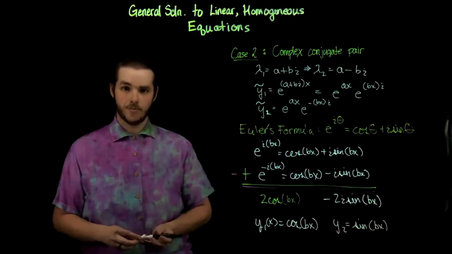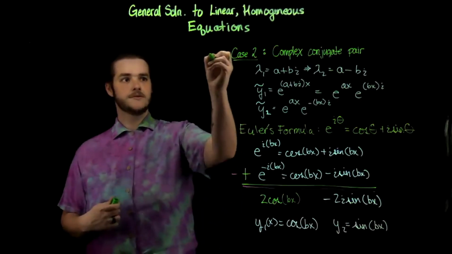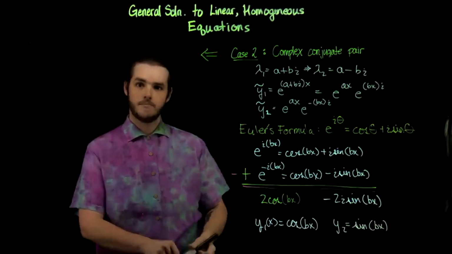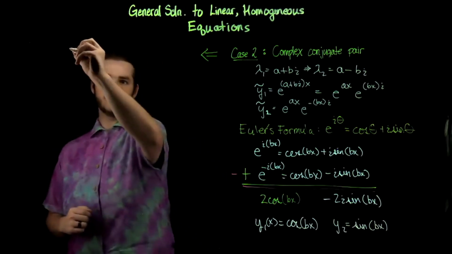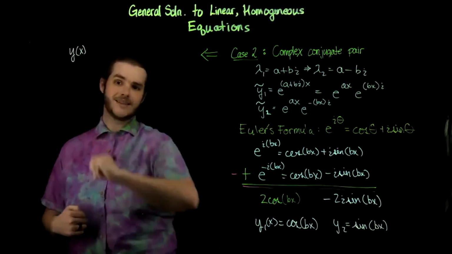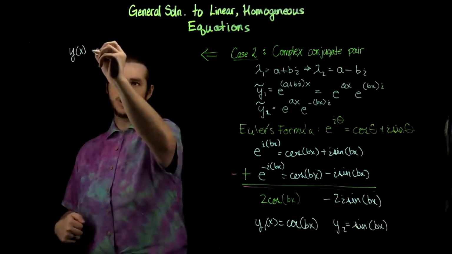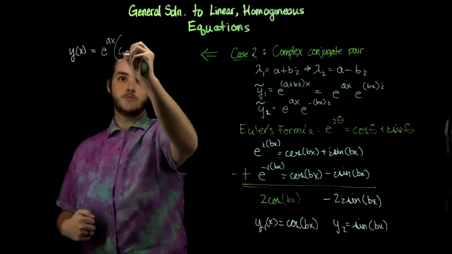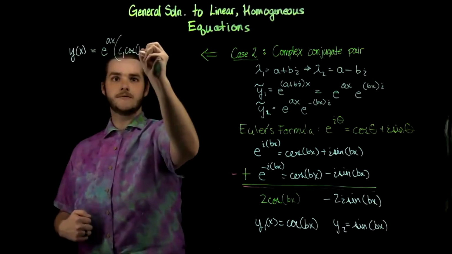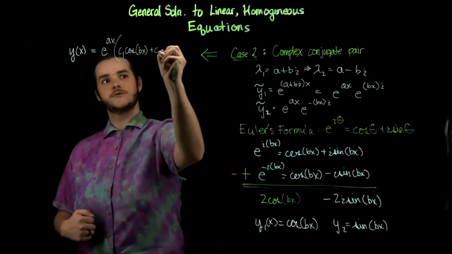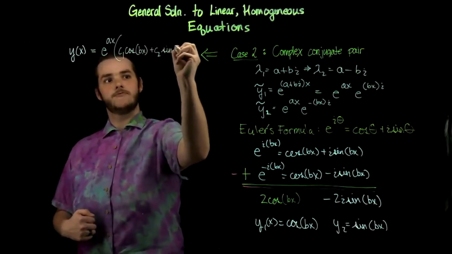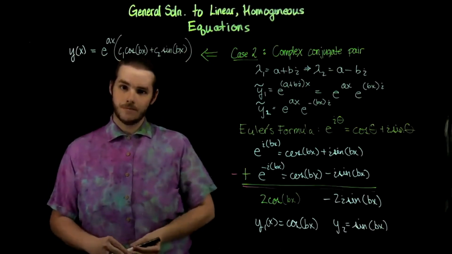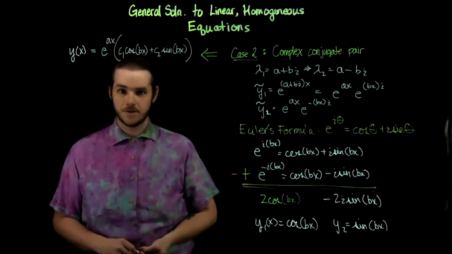And altogether, what this tells me is, in the case I have a complex conjugate pair of solutions to that polynomial we wrote, our general solution is e to the ax times c1 cosine of bx plus c2 sine of bx, where a and b are the real and imaginary parts of our roots, respectively.